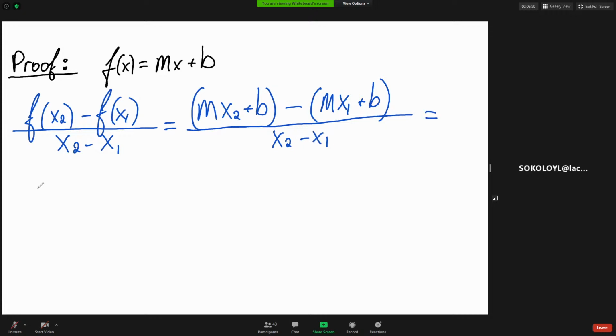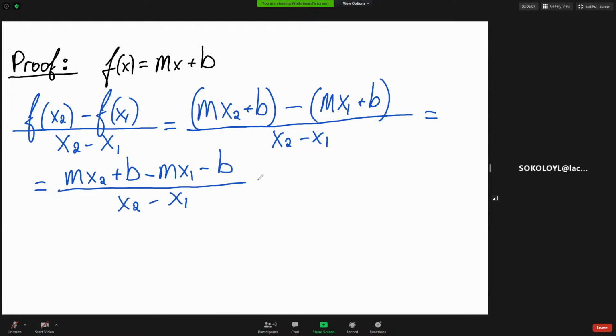And then through some algebraic manipulation, we'll be able to show that this whole thing equals m. Distribute the negative sign. That would make it negative m x sub 1 minus b, over x sub 2 minus x sub 1. The b minus b cancel in the numerator, leaving us with m x sub 2 minus m x sub 1 over x sub 2 minus x sub 1.